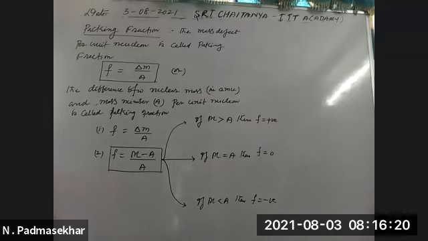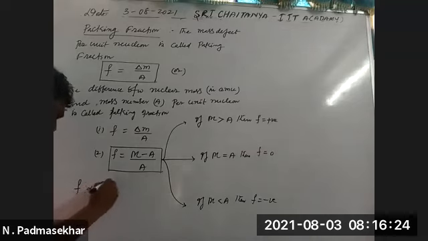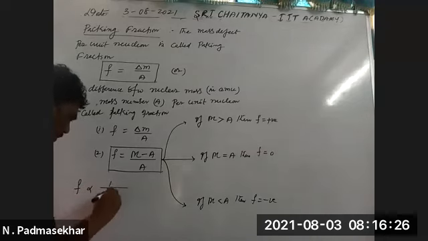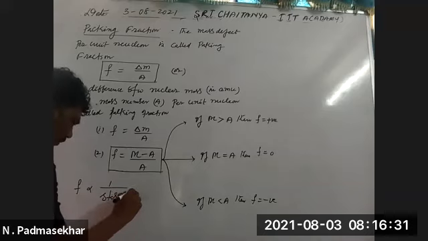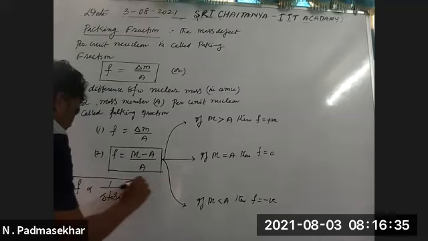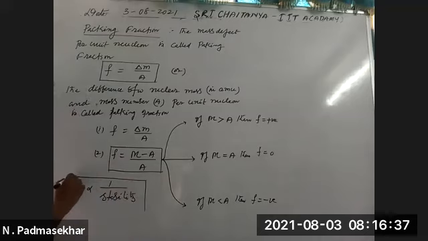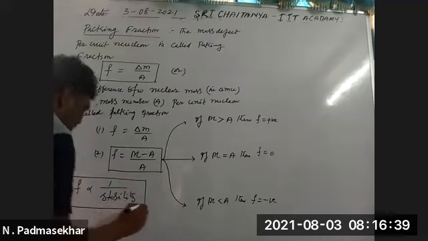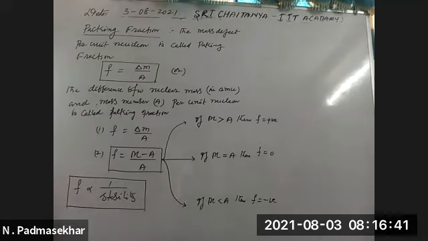So generally, packing fraction is inversely proportional to stability of the nucleus. If packing fraction is more, the nucleus is less stable; if packing fraction is less, it is more stable. Packing fraction positive means that it is less stable.